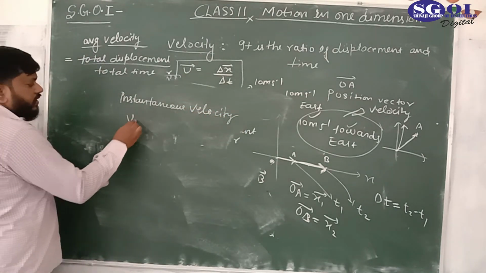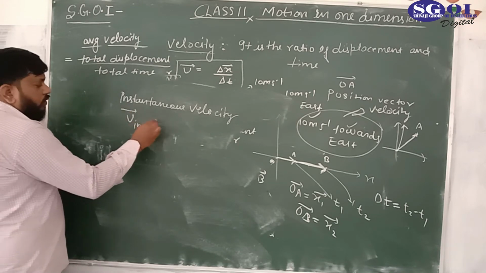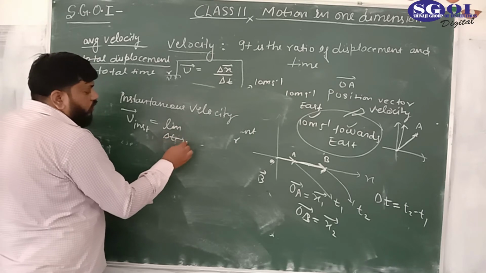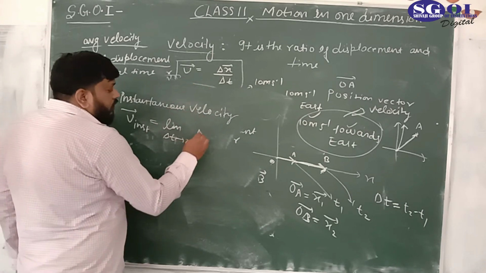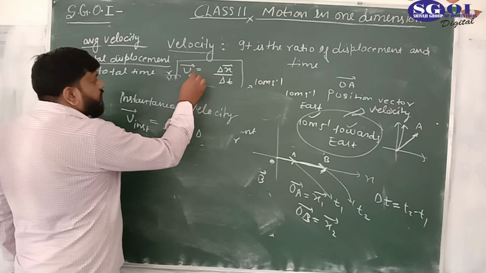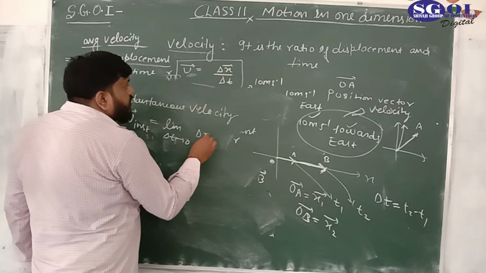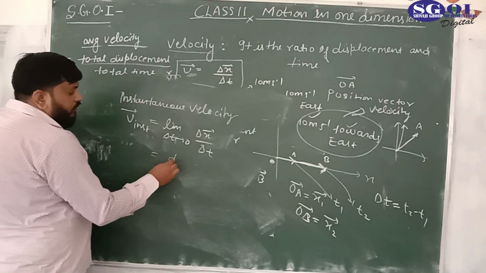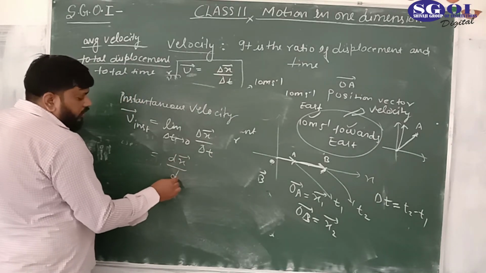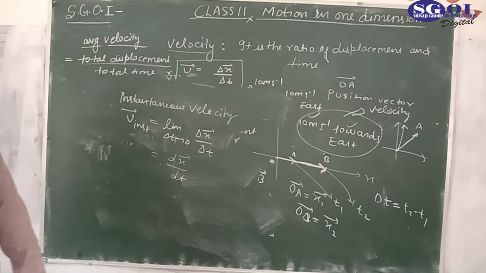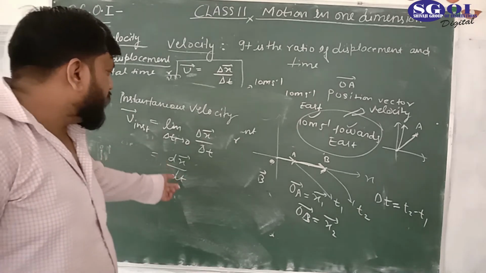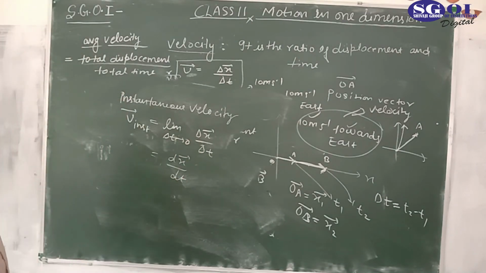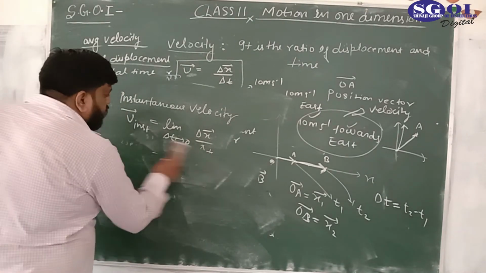Instantaneous velocity equals limit delta t tends to 0, very small interval of time, of average velocity, simply delta x by delta t. So it would convert into dx by dt. You are seeing differentiation again. So this is the formula for instantaneous velocity.